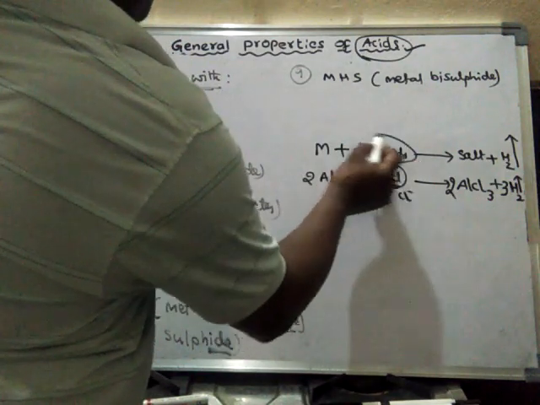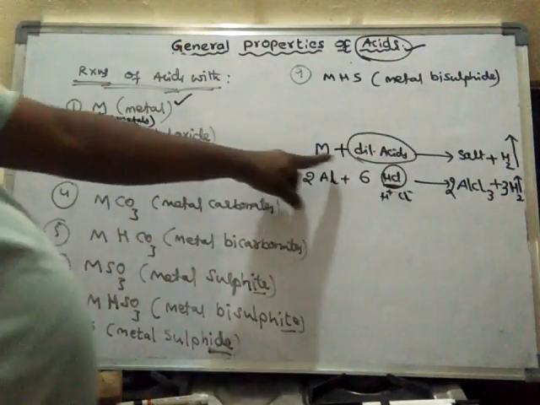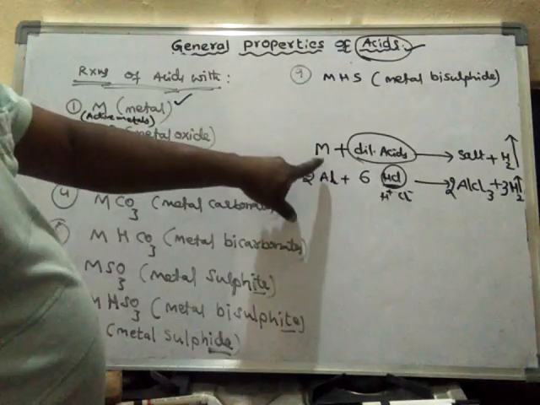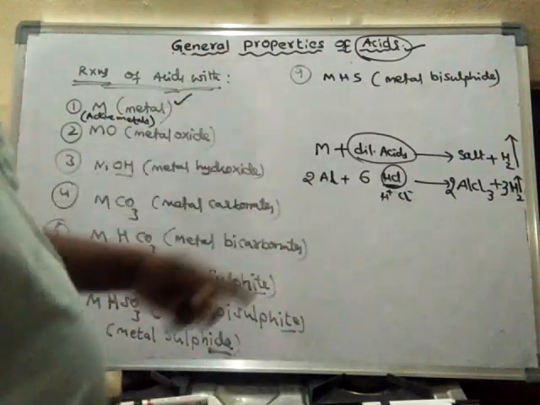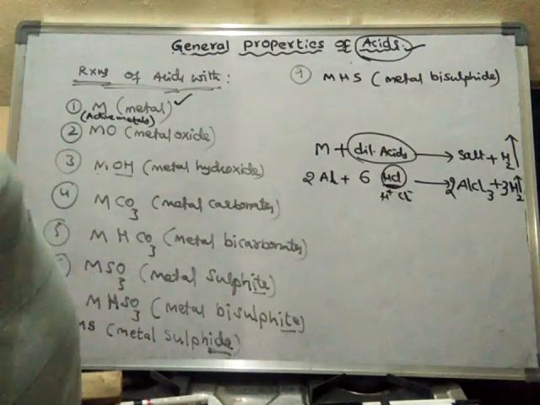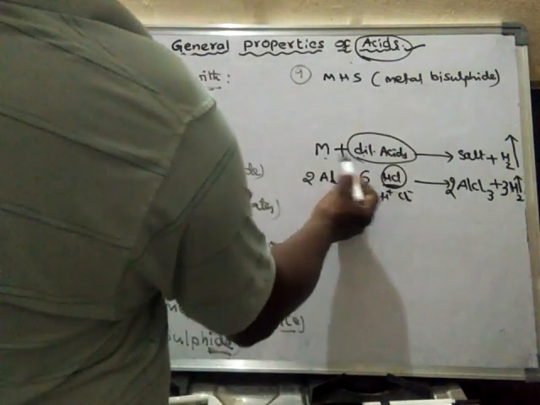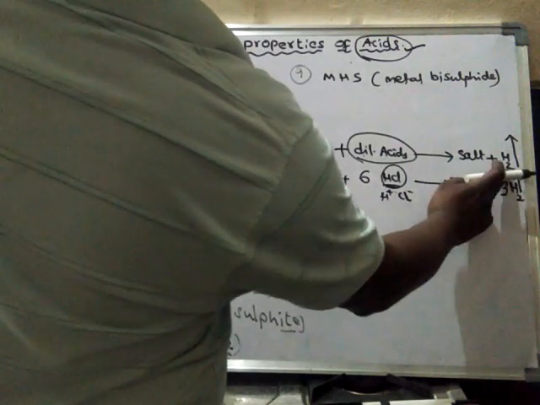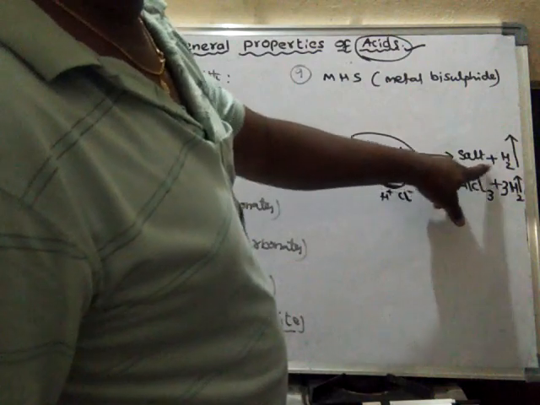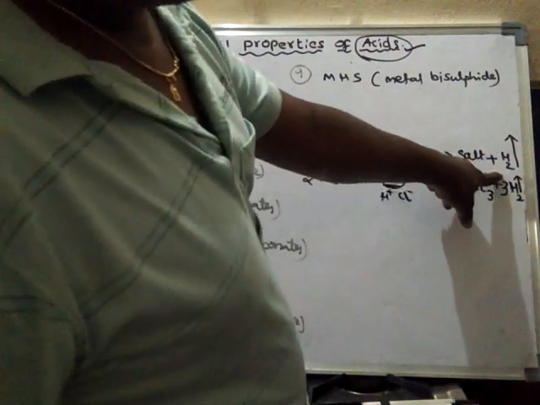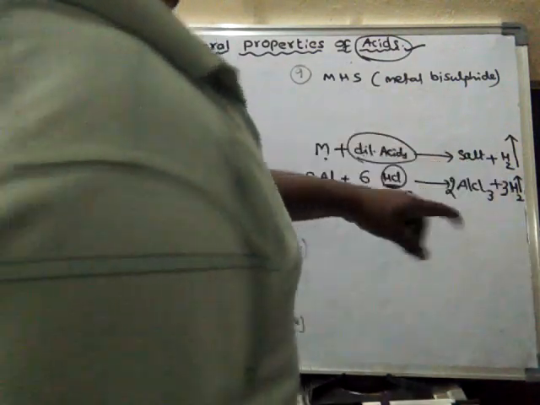When dilute acids react with metals, particularly active metals like aluminum, iron, zinc, etc., they liberate hydrogen gas and a salt is formed. This is important.